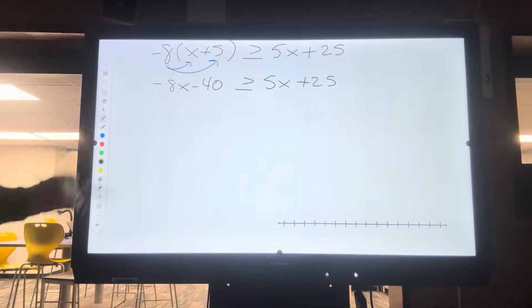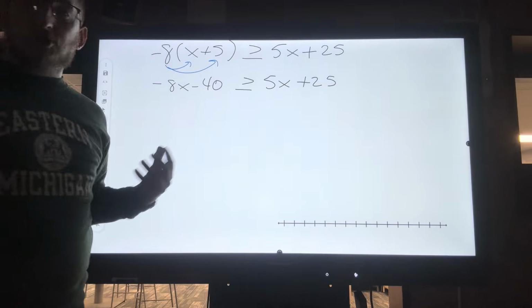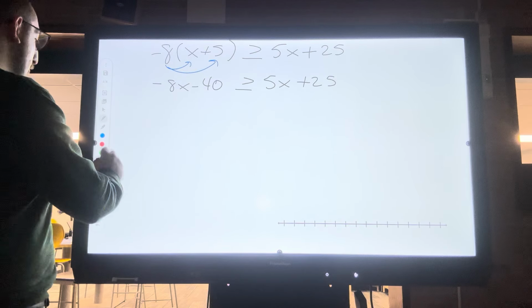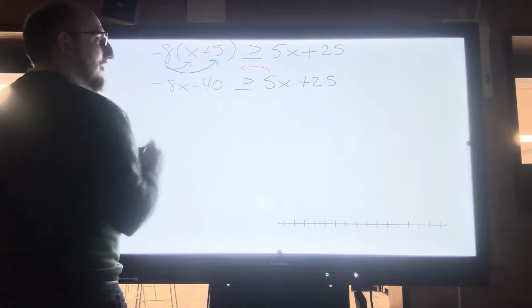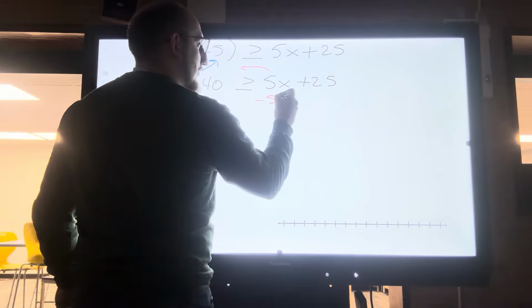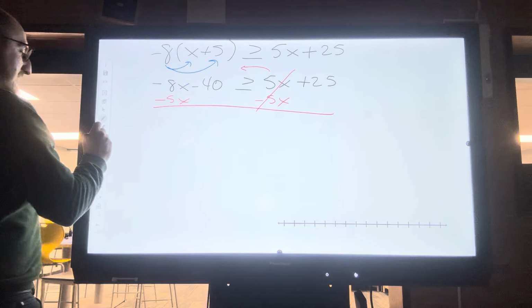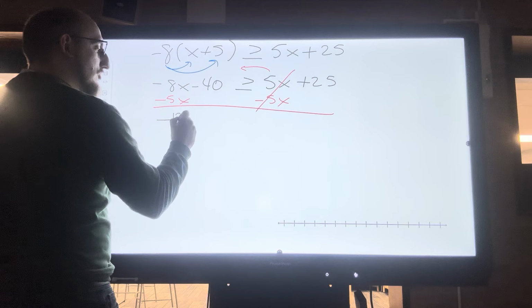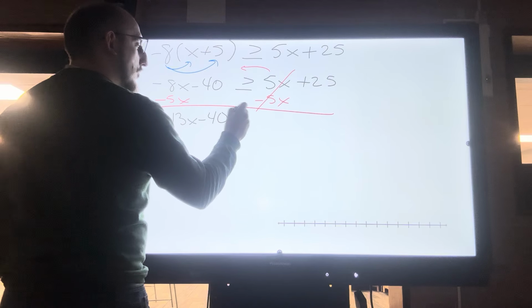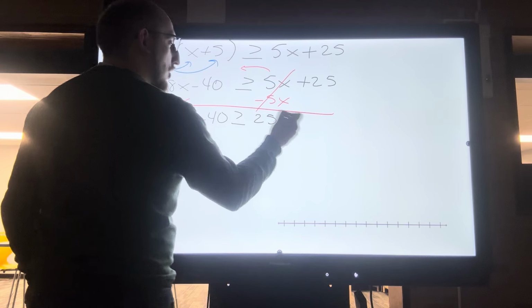I did this to get rid of the parentheses. Now I got to move variables from one side to the other. Well, let's move this 5x that way. To do so, I'm going to subtract 5x over here, subtract 5x over here. Boom. Those guys cancel. So I have negative 13x minus 40 is greater than or equal to 25.